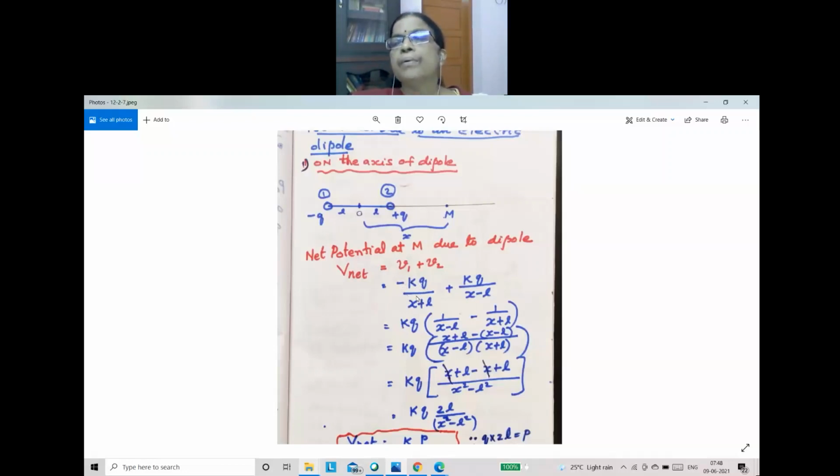So K into minus Q by distance, potential being a scalar quantity, so we consider the sign of minus Q. So from minus Q to M, how much is the distance, children? What is the distance now?